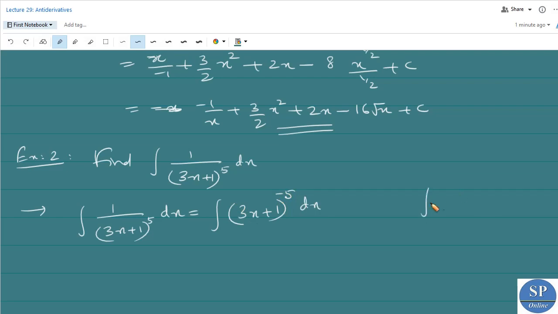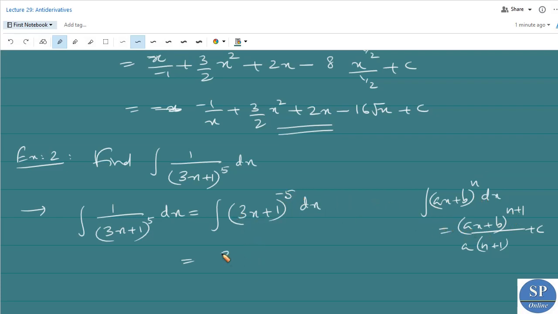We already have integral (ax+b)^n dx is equal to (ax+b)^(n+1) divided by n+1 into this, that is a, plus constant of integration. So applying that, here we have n is equal to minus 5 and a equal to 3.